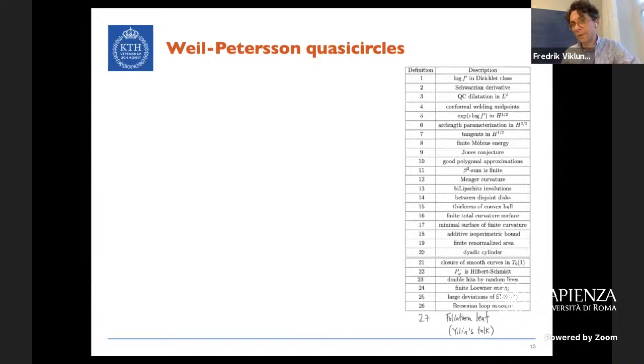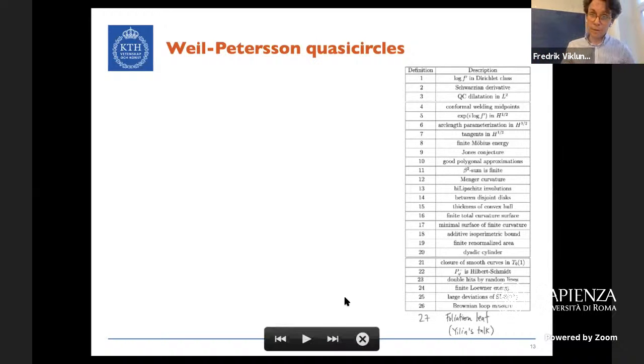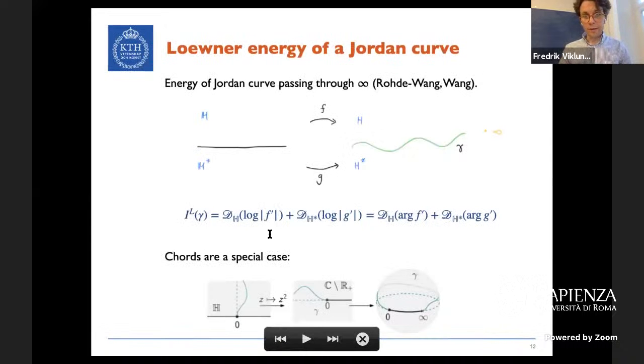I don't want to get into details, but there's a particular metric you can put on them from the point of view of Teichmüller theory, and you can take a closure in this metric. The curves that correspond to these limiting homeomorphisms are also the Weil-Peterson quasi-circles. So there are a bunch of different characterizations, both analytic and geometric, but for me this one is maybe the most useful.